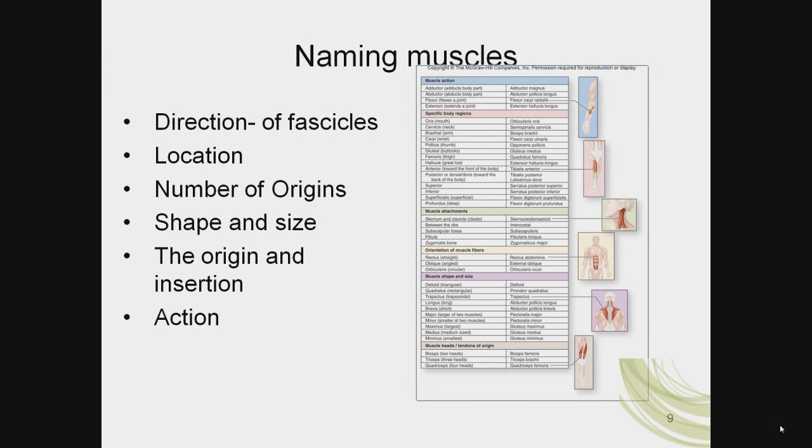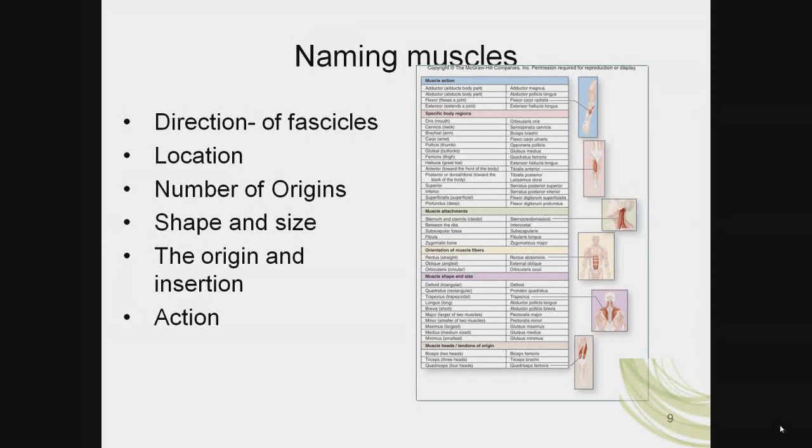Origin and insertion. If a muscle is named for origin and insertion, the origin always, always, always, always, always comes first. So in the case of origin and insertion, we can think of sternohyoid or sternothyroid, and those two muscles are telling you origin and insertion.